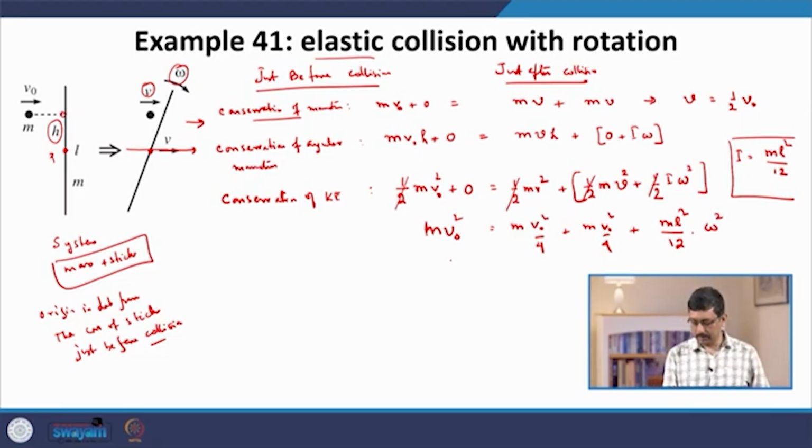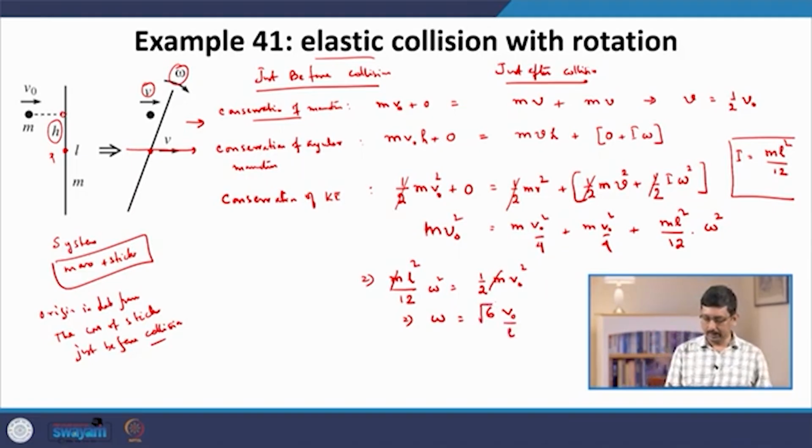That gives us mL square by 12 omega square is equal to half m v naught square. That means m gets cancelled. So we have omega equal to root 6 v naught by L.